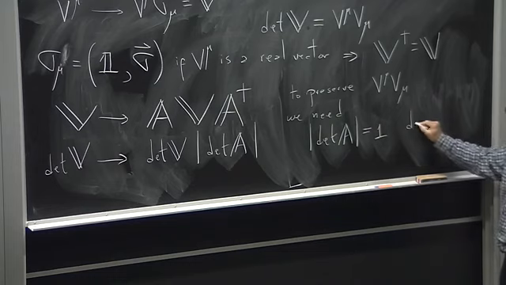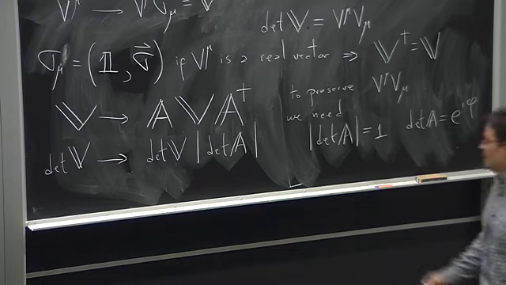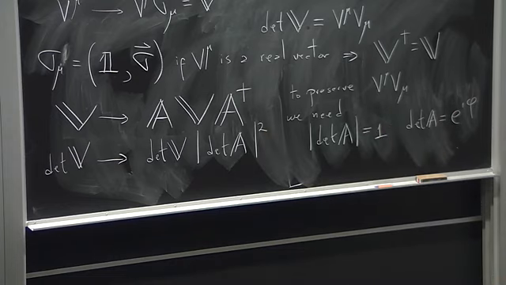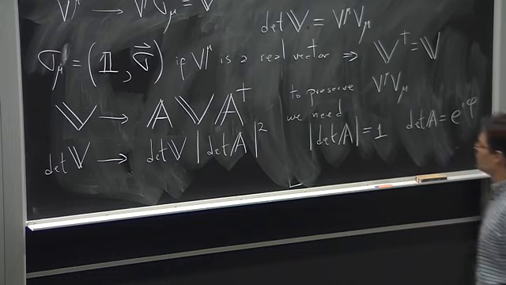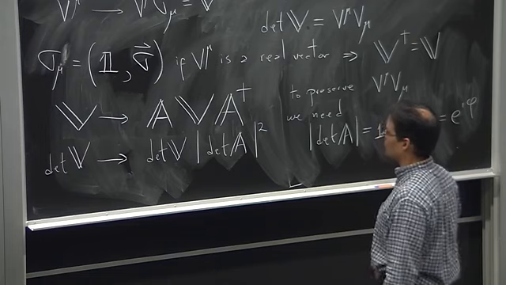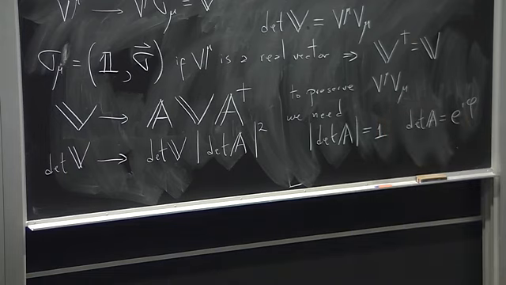Well, that means that the determinant of A is a pure phase. Freddy, that's a squared and that's a plus. Yes, thank you. Shouldn't that be plus minus 1 then? No, it's the absolute value. Yes, so the determinant of A can be a phase.